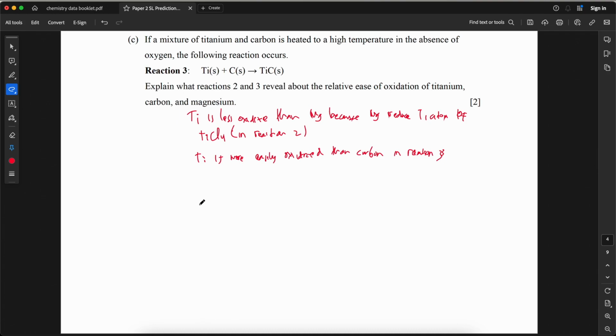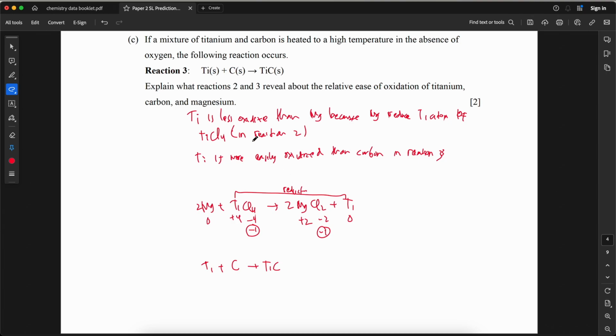The second reaction is 2Mg plus TiCl4 produce 2MgCl2 plus Ti. The third reaction, Ti plus carbon produce TiC. So this will be 0. This will be -4, -1 plus 4. -2, -1 plus 2, and this 0. So Ti and Ti here, it's reduction, right?